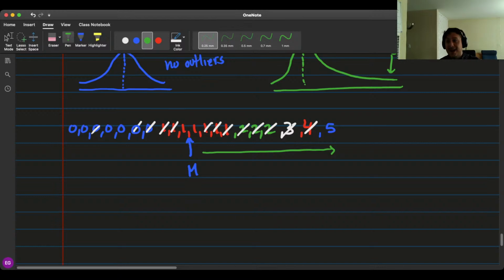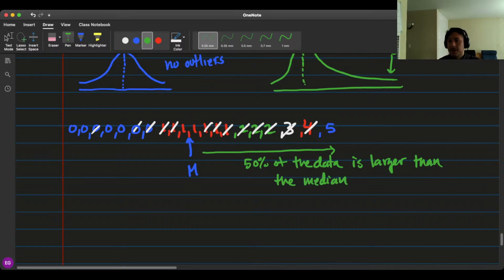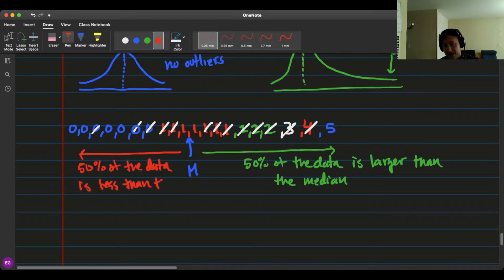Yeah, exactly. 50% of the data is larger than the median. What percentage is less than the median? Yep. 50% of the data is less than the median, approximately.